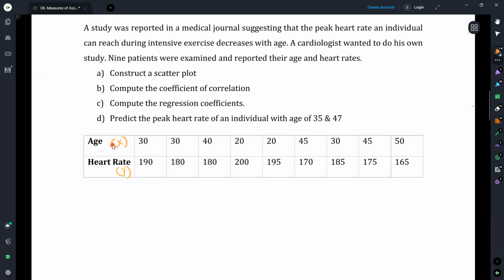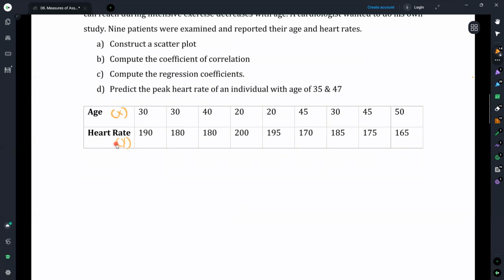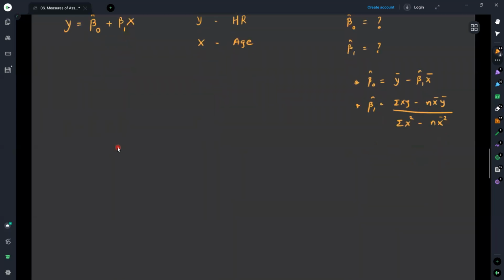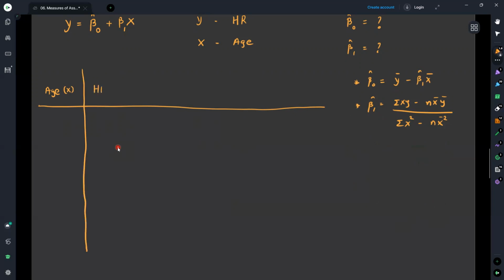I am taking my first column as the age variable, which is my x variable, and the second column as the variable heart rate, which is the y variable.